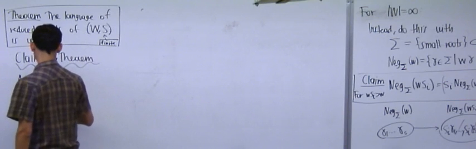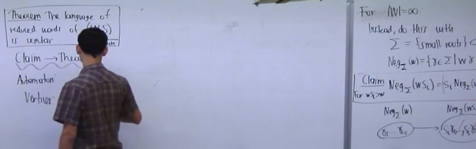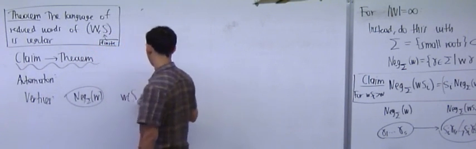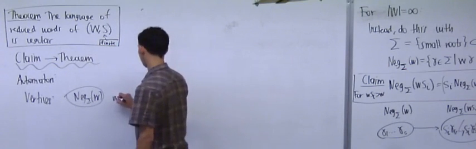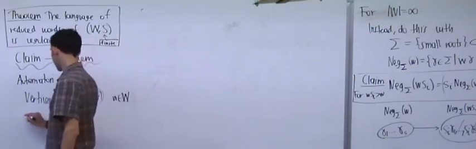Vertices are the sets of the form negative sub sigma of W for W in my group. Okay. What are the edges?